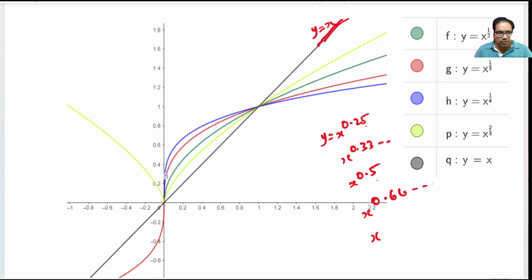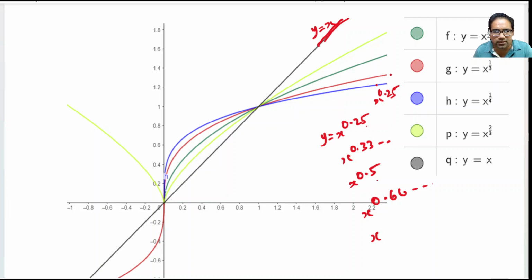Okay, the lowest one that you are seeing, this one, this is x power 0.25. That means x power 1 by 4.